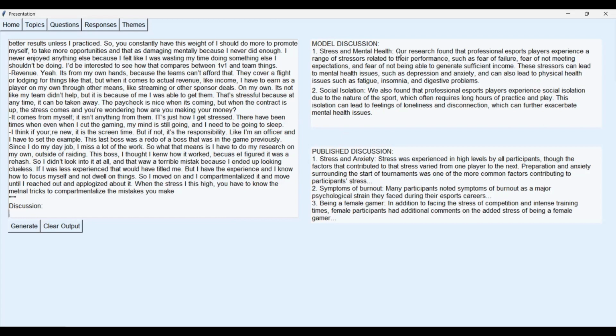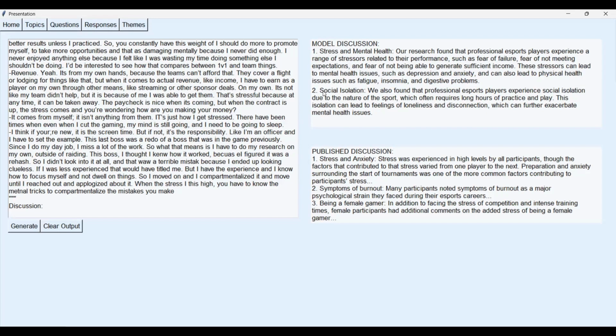And if we look at what the model generated, it also discusses stresses that they experience related to playing, fear of failure, not meeting expectations, and various pressures, and then anxiety that they experience related to their experience playing professionally.